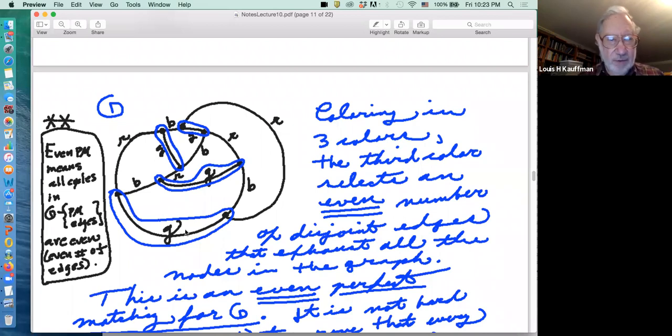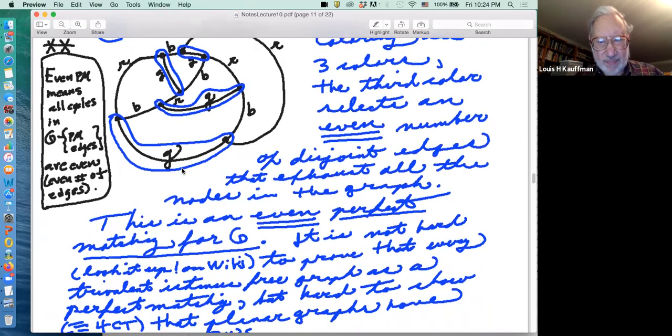Because you see, if you chose an even perfect matching somehow by hook or by crook, then you could color all of them green, and then you could alternately color in red and blue the even cycles in the complement of them, and that would give you a three coloring of the graph. So the four color theorem actually says that every one connected graph, every graph without an isthmus, trivalent in the plane, has an even perfect matching. That's another way of thinking of the theorem.